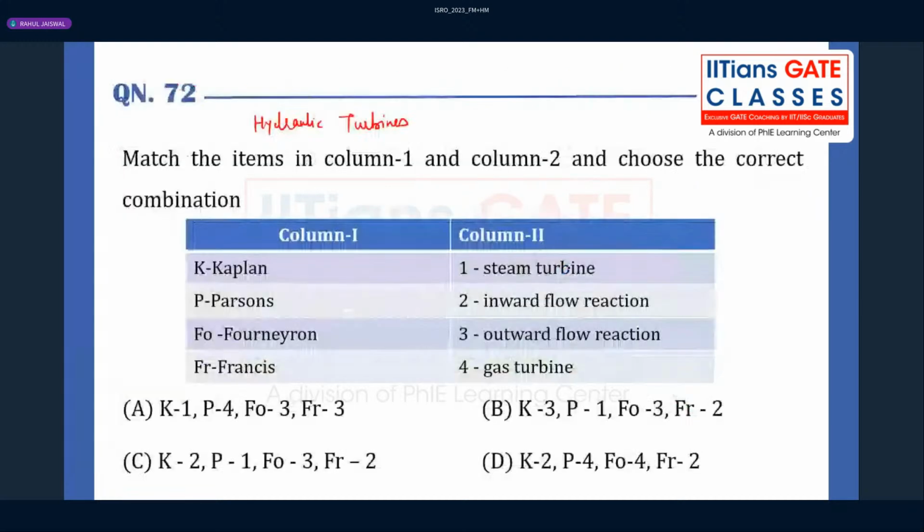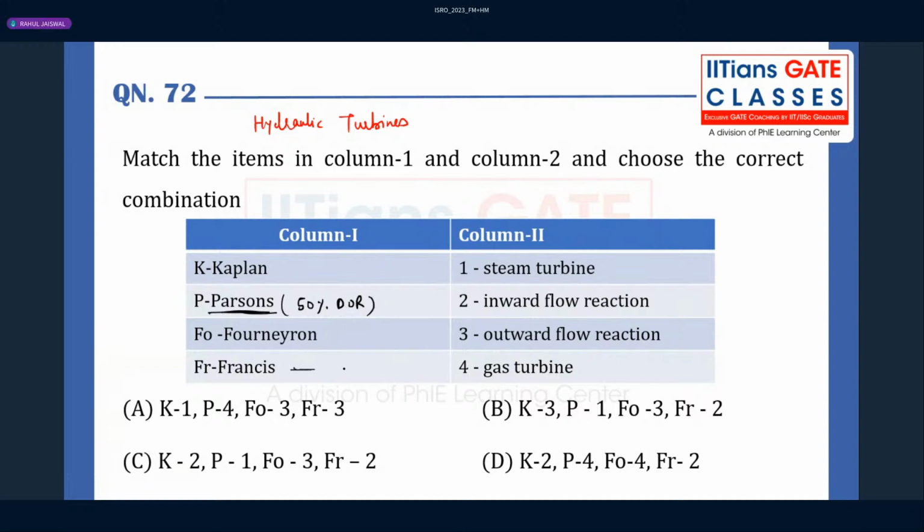Now when you match the following options, Kaplan turbine, we have inward flow reaction turbine. Parson is basically a 50% degree of reaction turbine. We also call it 50% degree of reaction turbine. That will be a steam turbine. Here Kaplan turbine is inward flow reaction turbine.